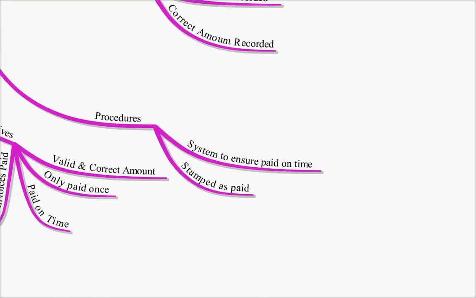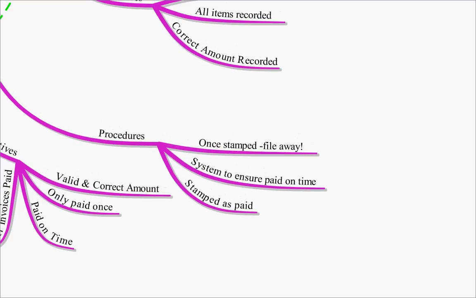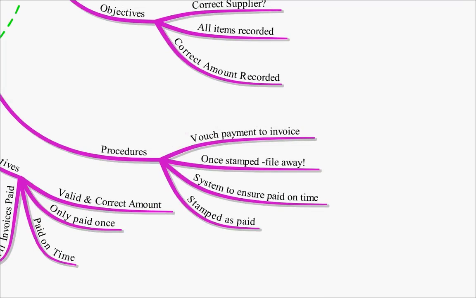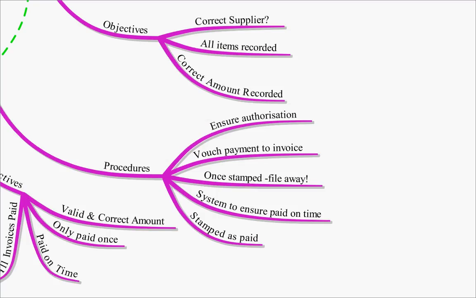We want to implement a system to make sure that all invoices are paid on time. Once it's stamped, it must be filed away so that it doesn't get stamped or paid again. You're going to vouch all payments to invoices, and very important, you're going to ensure authorization from the purchases manager. So that's the purchases cycle, control objectives and control procedures.